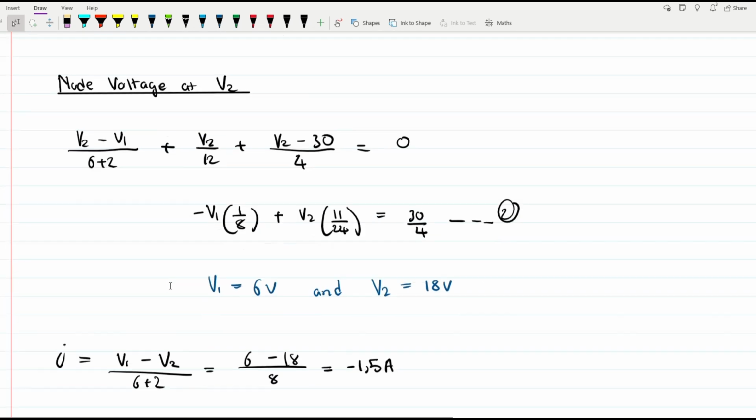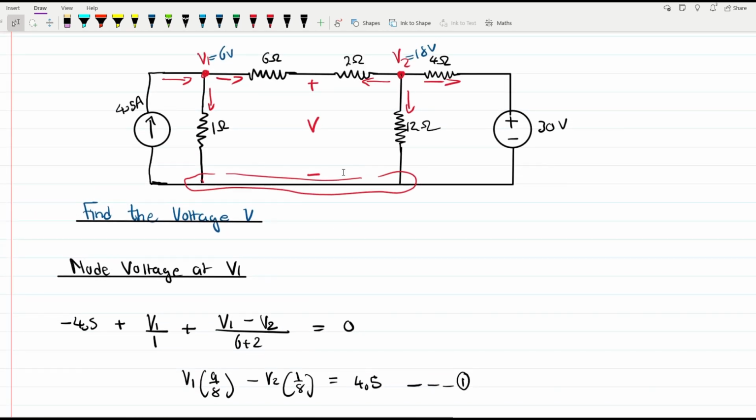To get the voltage V, we're going to have to multiply that current with the resistor of 2 ohms. So the voltage V is equal to the current I multiplied by the 2 ohm resistor plus the 18 volts, which is V2.